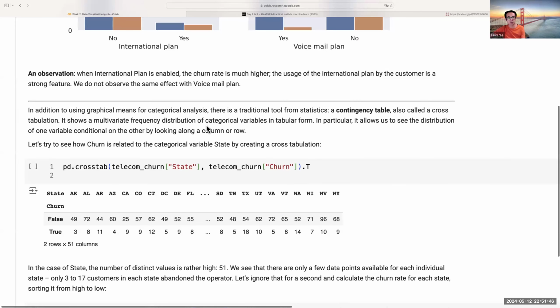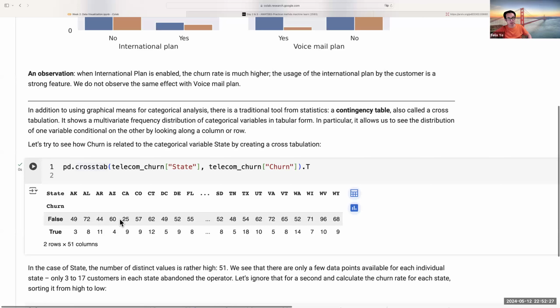And other than just plotting the bar plot, we can also use a contingency table, which is a cross table. It shows the multivariate frequencies of these categorical variables. For example, if we do this, it tells you the churn rates related to the state by doing this cross tabulation. It tells you in which state what the churn rate is.